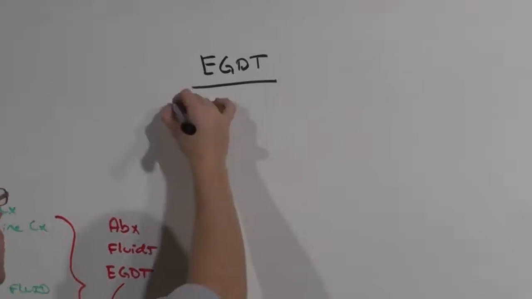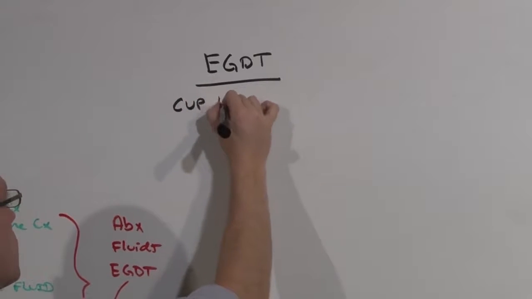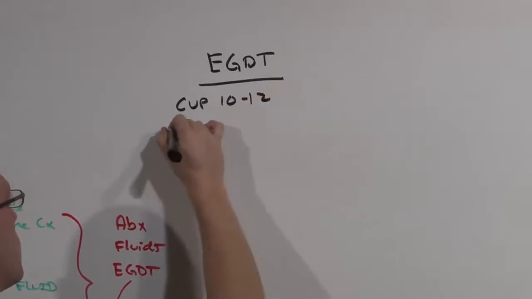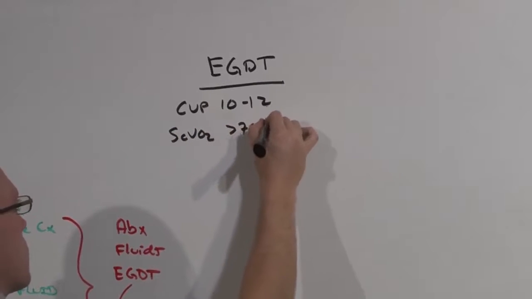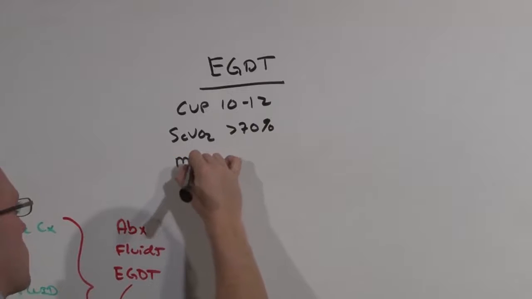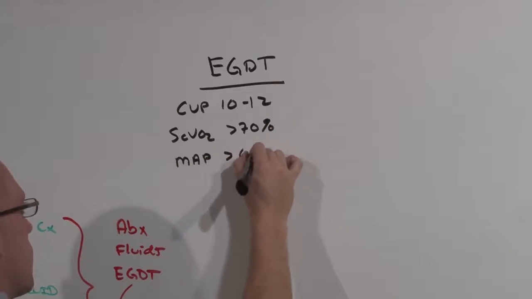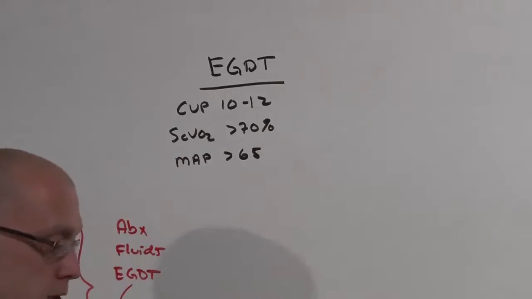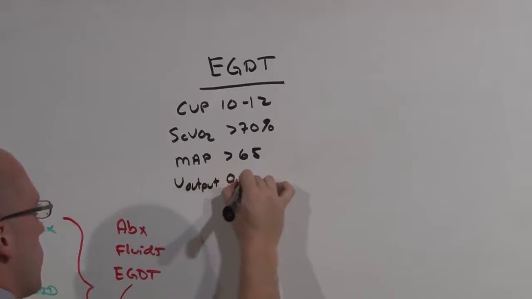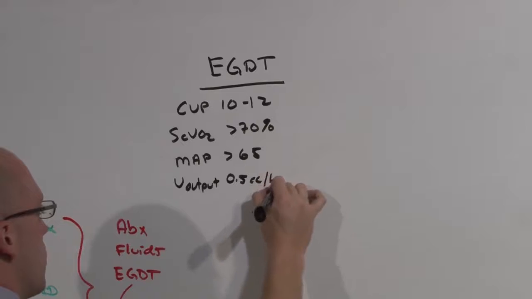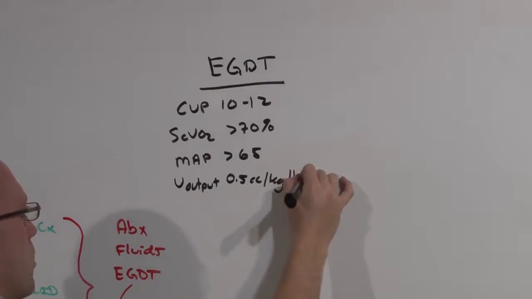Your goals are CVP of 10 to 12, a central venous saturation of greater than 70%, a mean arterial pressure greater than 65, and a urinary output greater than 0.5 cc's per kilo per hour.